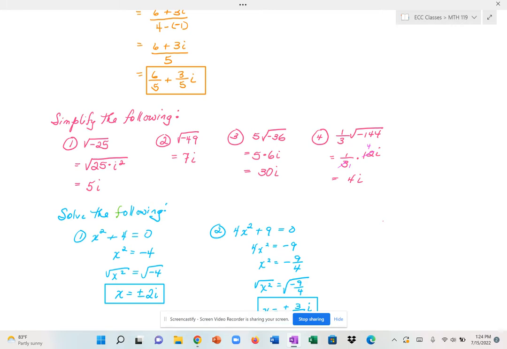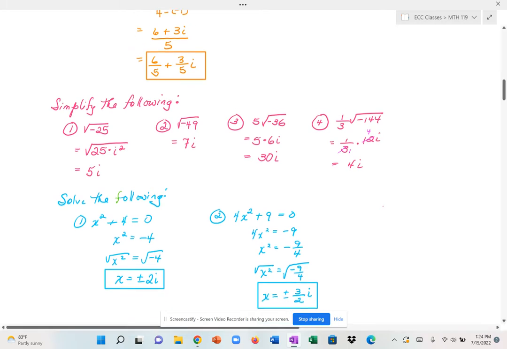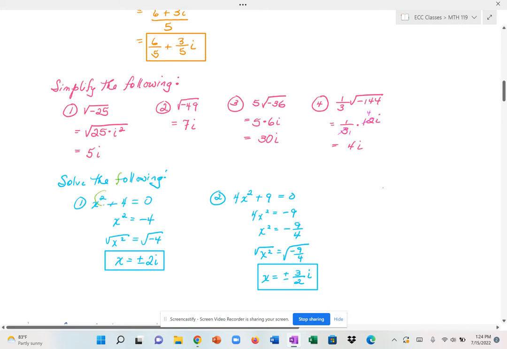So these two examples that I'm showing you here are two second-degree polynomials. And so at most, you're going to get two zeros or roots, or possibly x-intercepts. If you get an imaginary result, they are not x-intercepts. You can't graph them, but they are still considered zeros or roots.